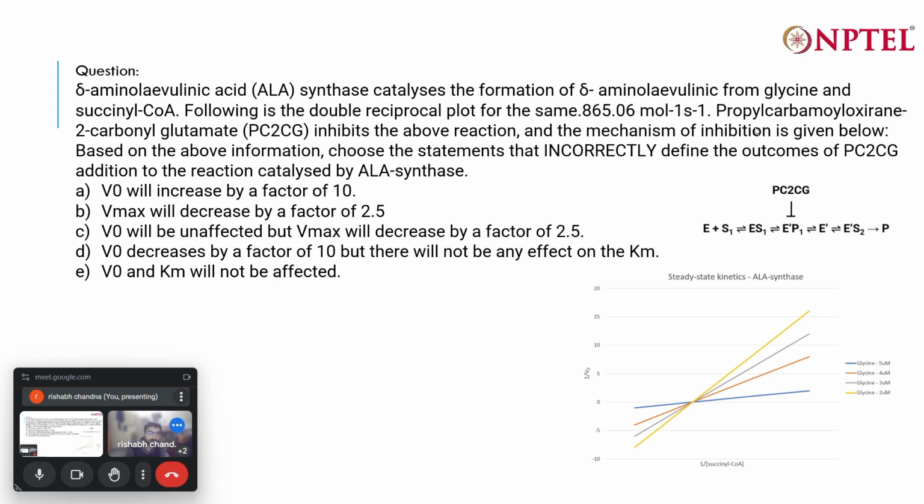So propyl carbonyl oxirane 2 carboxylate inhibits the above reaction. The mechanism of inhibition is given below. So this is the mechanism that is being followed. Based on the above information, choose the statements that correctly define the outcome of PC2CG addition to the reaction catalyzed by ALA synthase. So these are the statements given below.